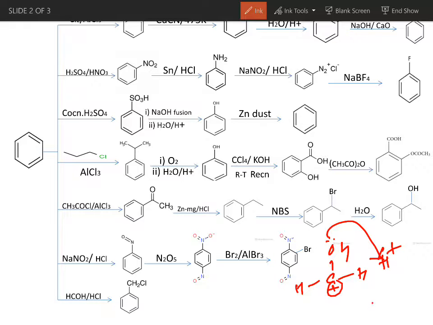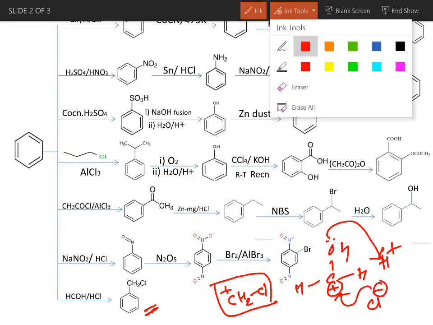At the same time, Cl minus of this HCl attacks this carbon and forms the electrophile CH2 plus Cl. This electrophile attacks the benzene ring and forms a compound. The name of this compound is benzyl chloride.